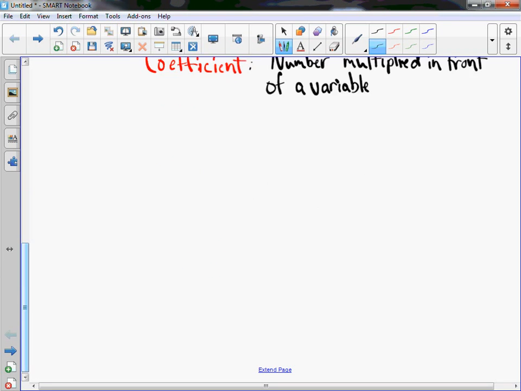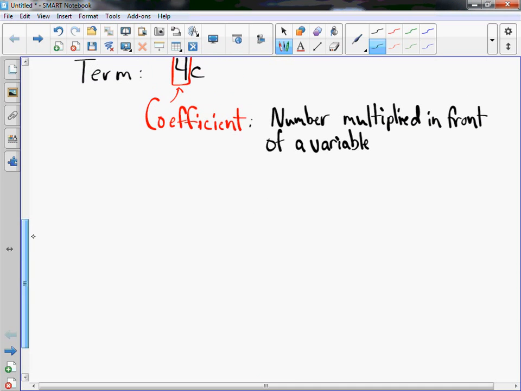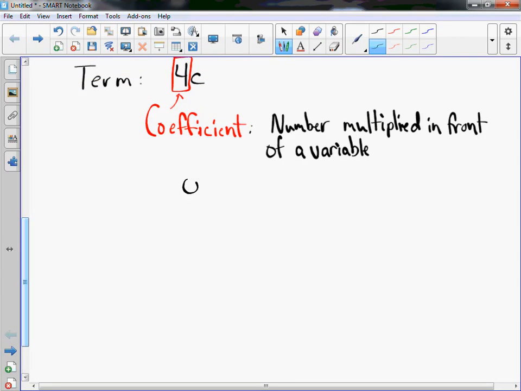Okay. The other term, the second term in this one, this 8, is the second term. Okay. So that one has a special name as well. The 8 is called the constant. Okay. Constant term. Because it's a term that contains no variable.